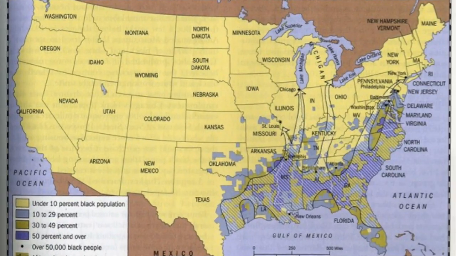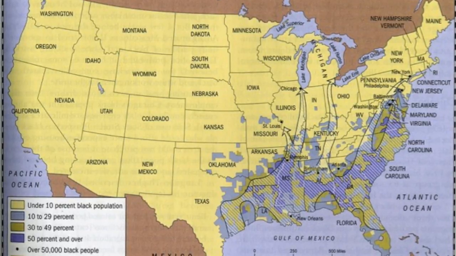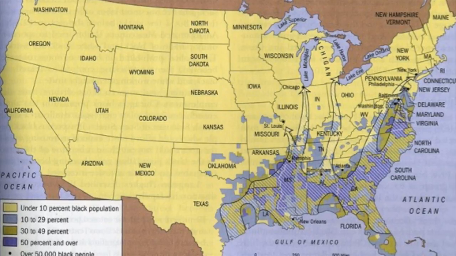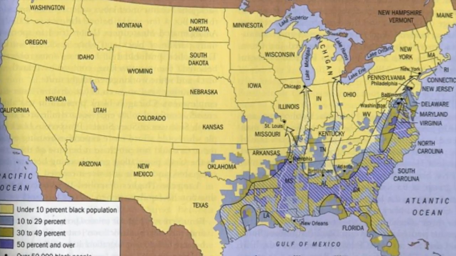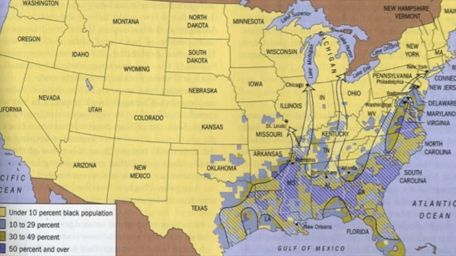Now, how did the folks leave? How did they move? Well, there were very specific relocation patterns that they pursued. Where people ended up was largely determined by where they started. Migrants from the Carolinas and Virginia tended to settle in D.C., Philly, and New York. Those from Georgia, Alabama, and Mississippi tended to settle in Pittsburgh, Cleveland, and Detroit.